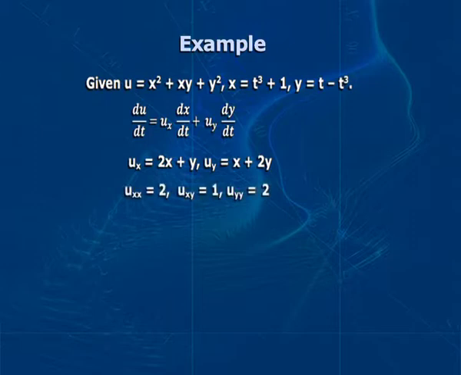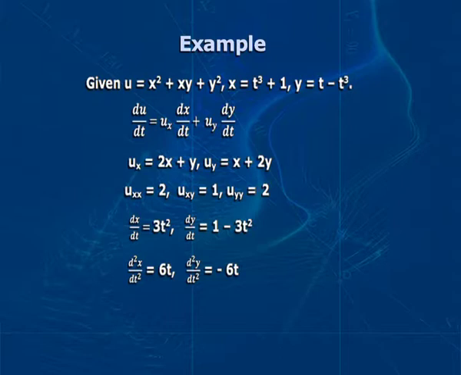Uxx is equal to 2, uxy is equal to 1, uyy is equal to 2, dx by dt is equal to 3t square, dy by dt is equal to 1 minus 3t square, d square x upon dt square is equal to 6t, d square y upon dt square equal to minus 6t.